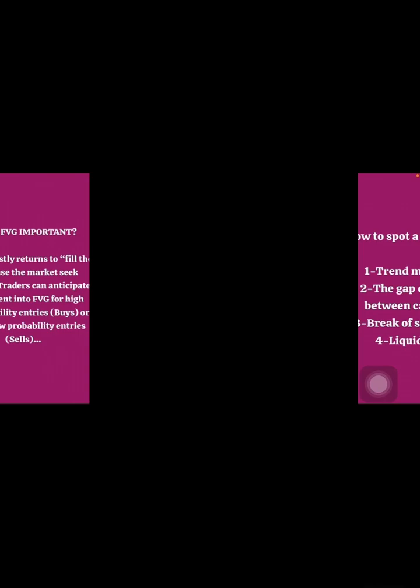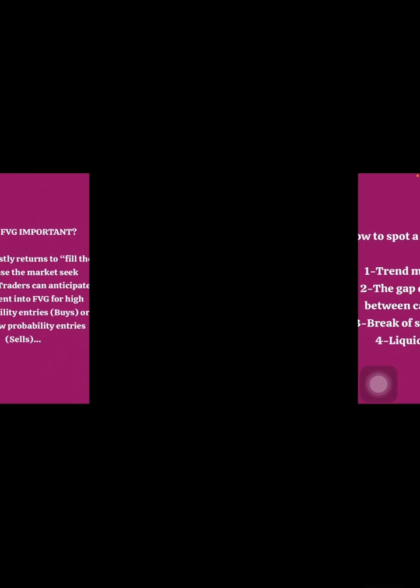As you can see, this is a buy side FVG, in the sense that price will definitely return back to this FVG because market seeks balance and traders will take the opportunity for a high probability trade, that's for buy.